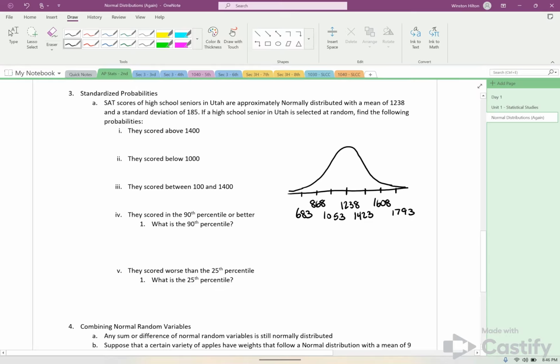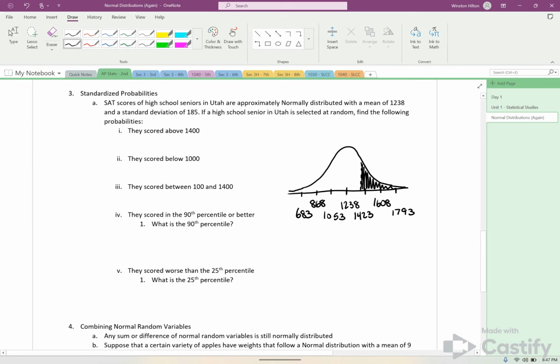Now, if we want to find the probability that they scored above 1,400, that is roughly this probability right here, that area. We could find a z-score and use the standard normal table, or we could just use our calculator.